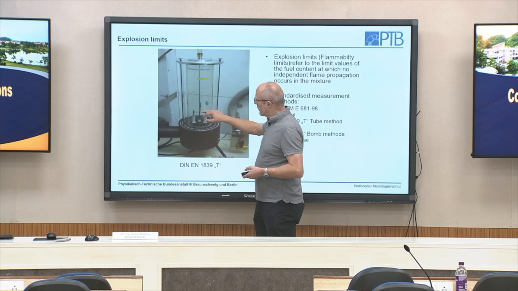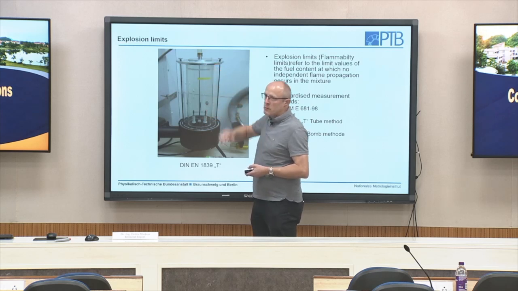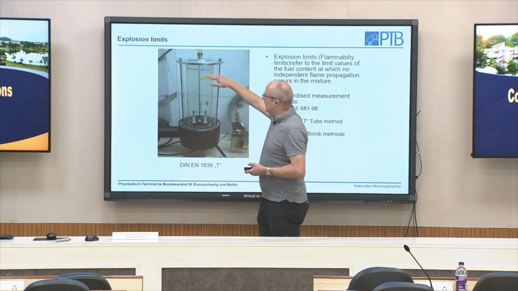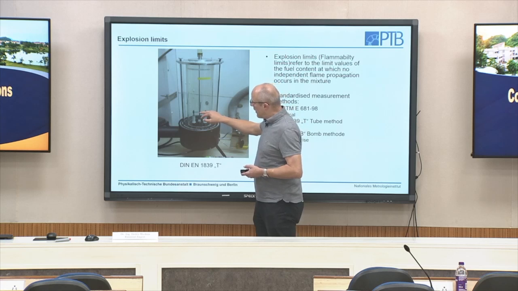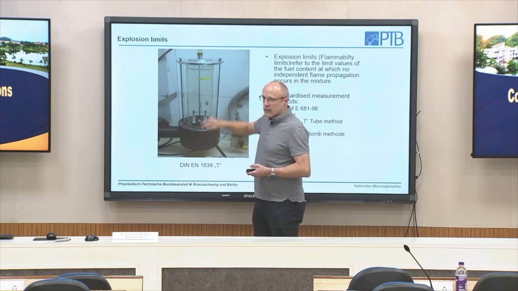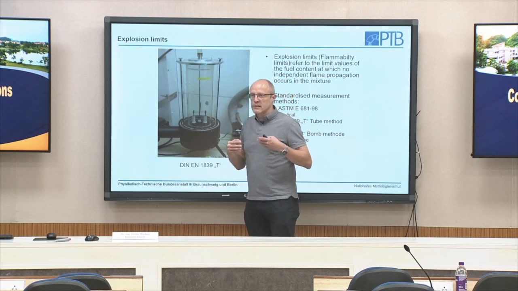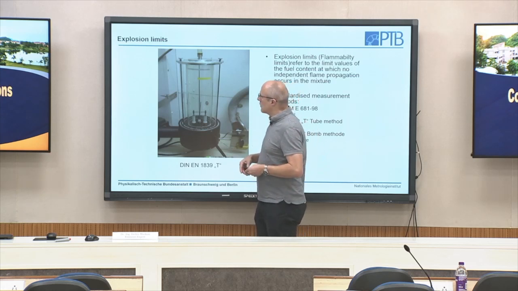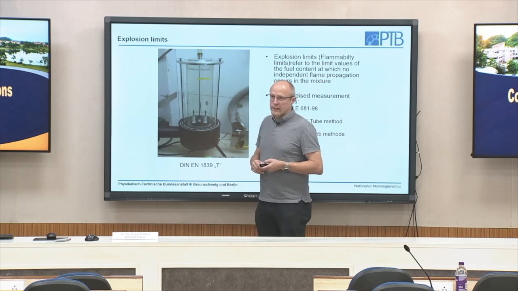In the US, it's required that the flame reaches the top of the tube. In Europe, it's only required that the flame leaves the area of the spark, so that the flame can propagate for a given distance and then extinguish, but this would be considered as flammable in Europe and as not flammable in the US.